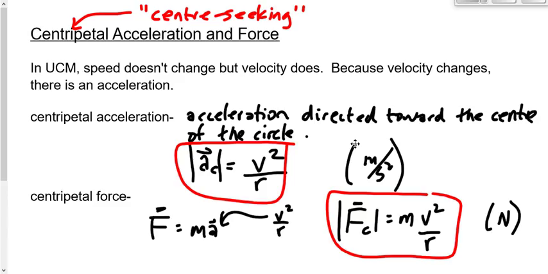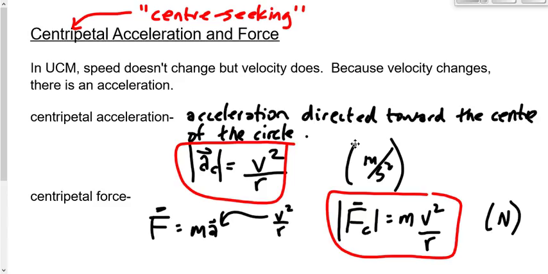In a straight line. Right? Newton's first law says an object in motion will continue in motion in a straight line until acted upon by an unbalanced force. Are they going in a straight line? No. They're going in a circle, right?